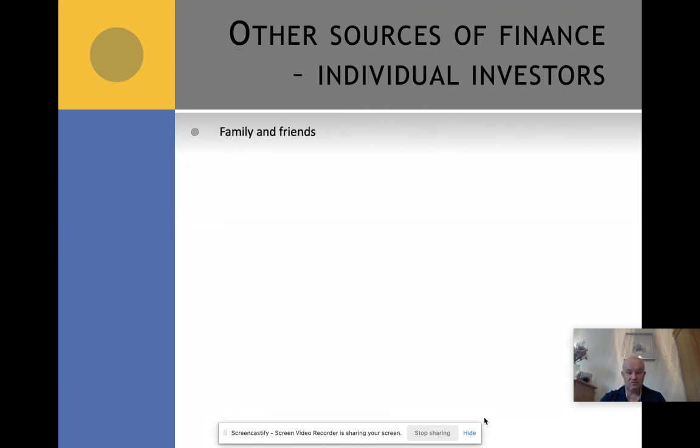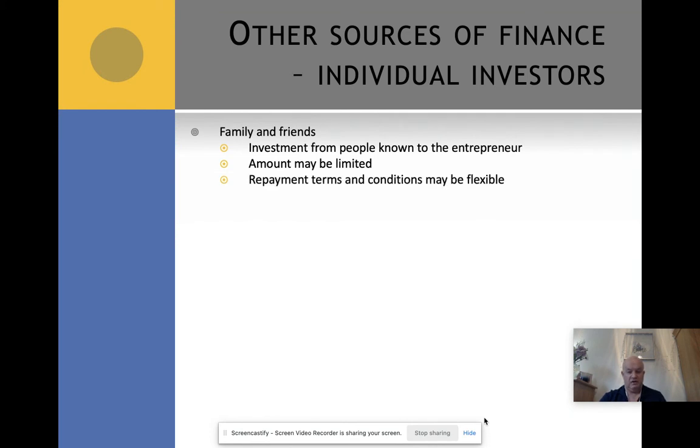We could get friends and family to invest, people that are known to the entrepreneur. That obviously is going to be slightly limited by the contacts that you've got, and also the number of people that you might choose to offer that to. And in that instance, if we're talking about an individual investor, we might be able to agree certain repayment terms, or to have conditions in the future that might be flexible, dependent on the relationship and the business activities that you've worked with that particular investor in the past.